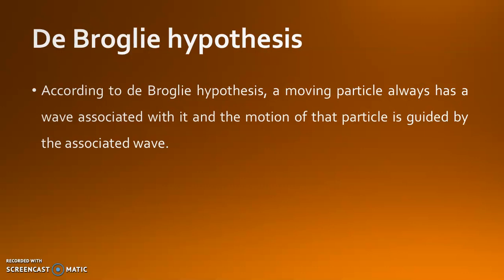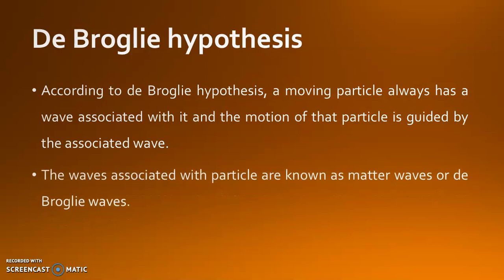Before that, we have seen the dual nature of light, in which light sometimes shows the nature of a particle and sometimes the nature of a wave. So de Broglie gives the relation between both, when a particle acts as a wave and light acts as particles.